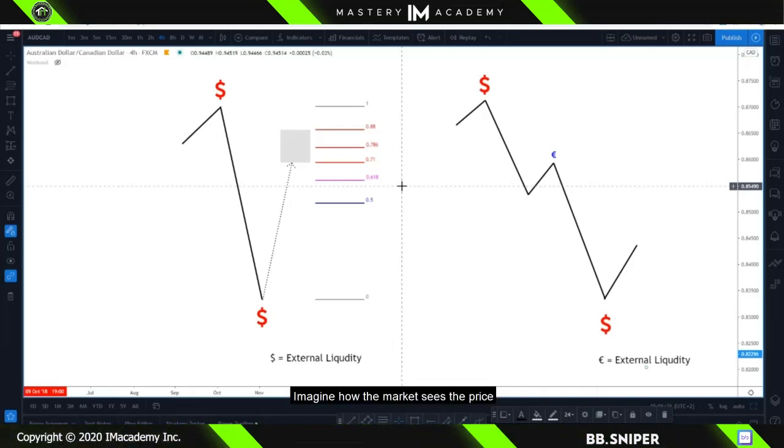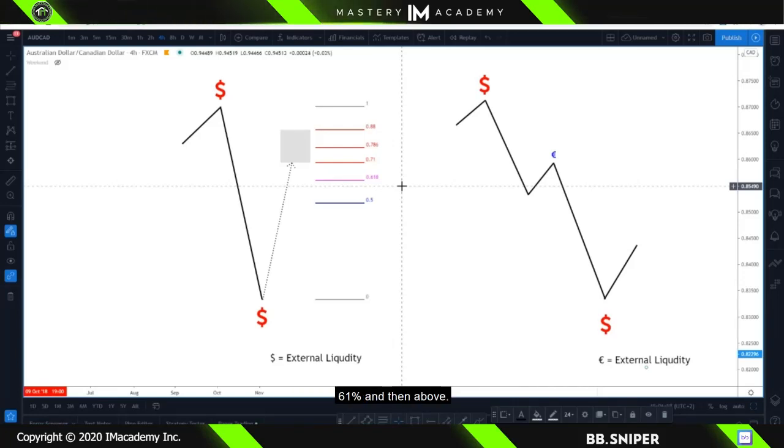So imagine how the market sees the price, just like you see a potential dream car. Would you pay the normal price, or would you wait, if of course there would be a discount on that car? Normally you would save money if you wait for the discount. Exactly the same thing is happening in the marketplace all the time. So when the market is going above 50%, that's literally just searching for something really good above 50%.